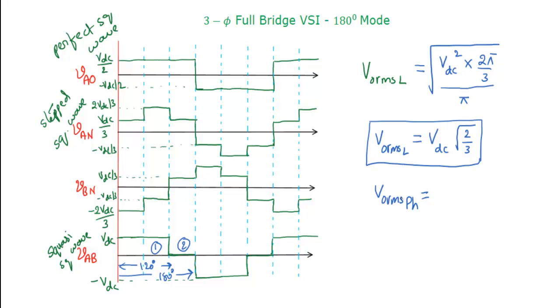In case of star connection, how to calculate the phase voltage? Phase voltage is nothing but line voltage divided by root 3. So line voltage divided by root 3 means VDC into 2 by root 3 divided by root 3. That means it will give you root 2 VDC by 3. Okay, so this is the phase voltage. Remember that.